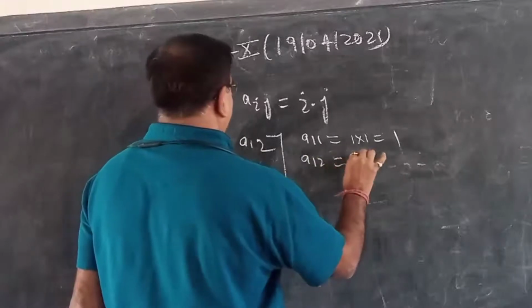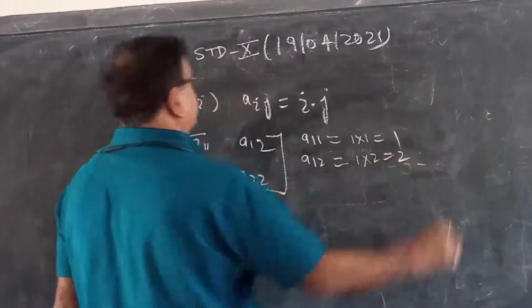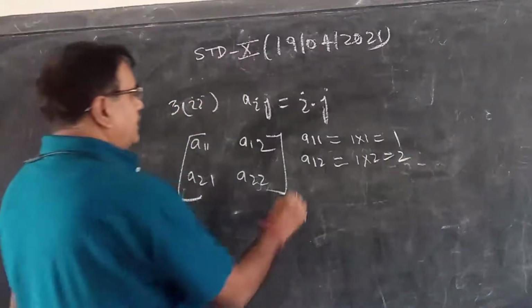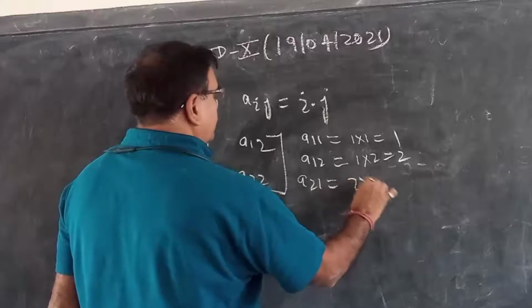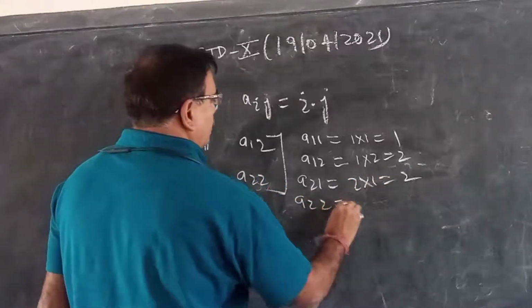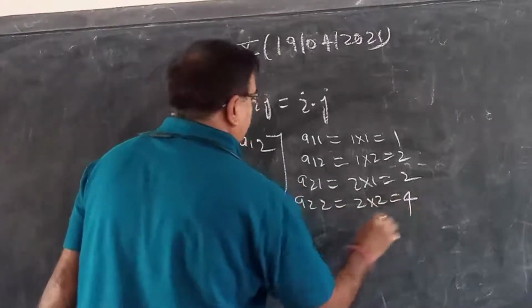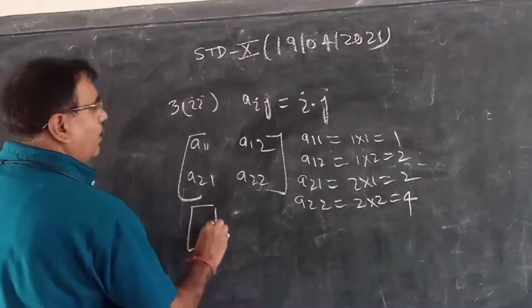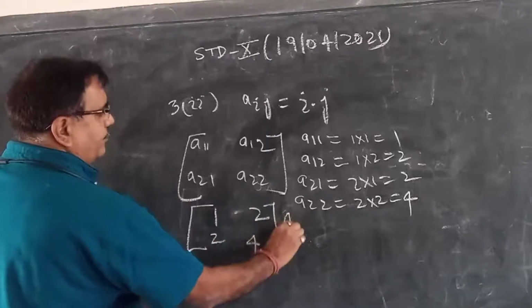A12: i is 1, j is 2, that is 2. Right. A21: i is 2, j is 1, that is 2. A22: i is 2, j is 2, that is 4. So the matrix is 1, 2, 2, 4. This is our matrix.